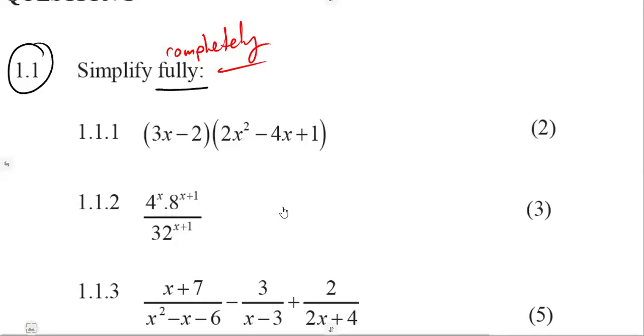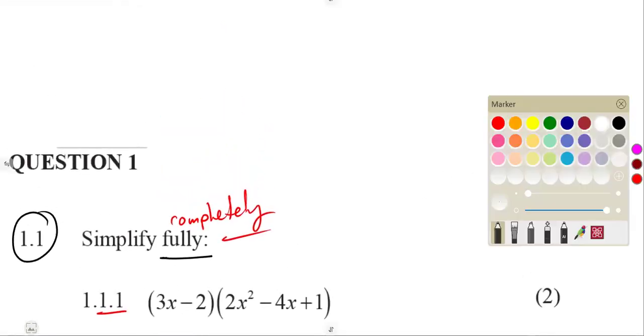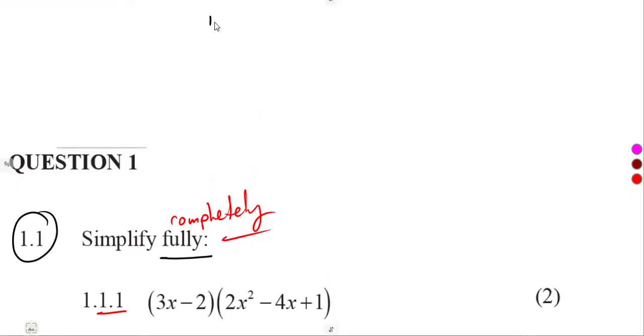All right, so the first part, 1.1.1, we are given 2 brackets, guys. What do we understand when we are given brackets? This is just an expansion that we need. Remove the brackets, expand the brackets: 3x minus 2 into 2x squared minus 4x plus 1.